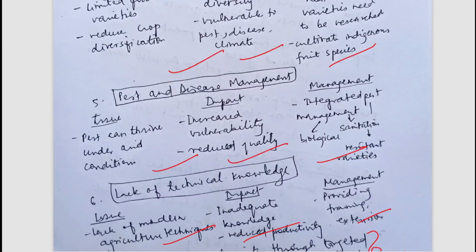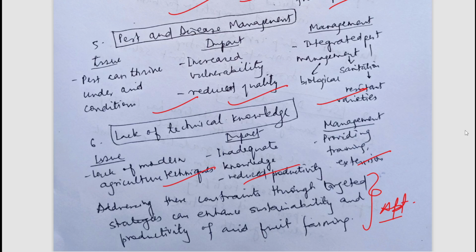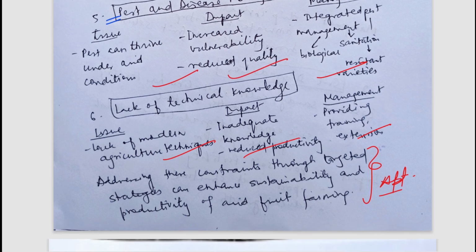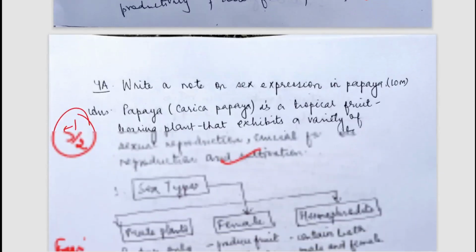Pest and disease management should be there, and pest and disease problem is a major problem in arid areas, because most of the pests and diseases thrive at higher temperature, but the normal plants are not properly capable of fighting those pests and diseases at that temperature. Lack of technical knowledge is another problem. So well written answer. Now let's move to the next question.